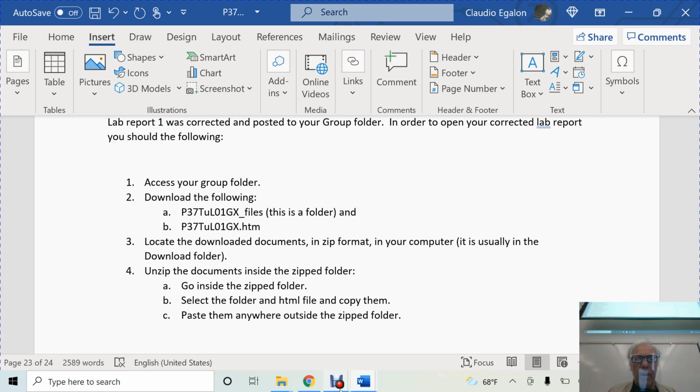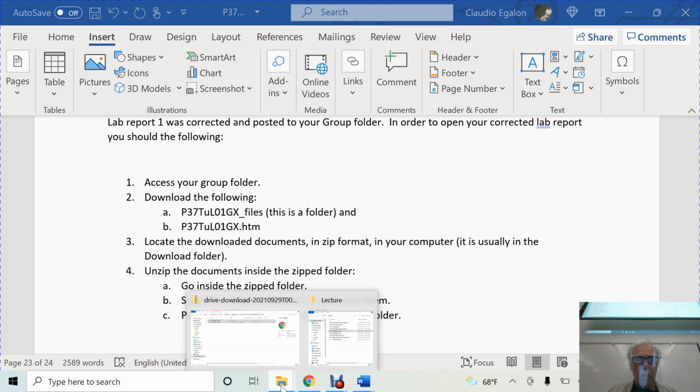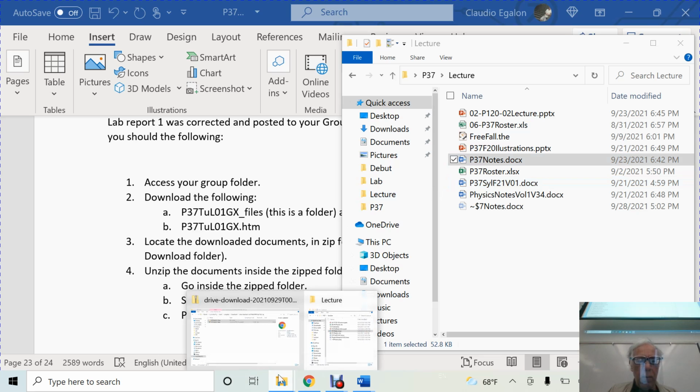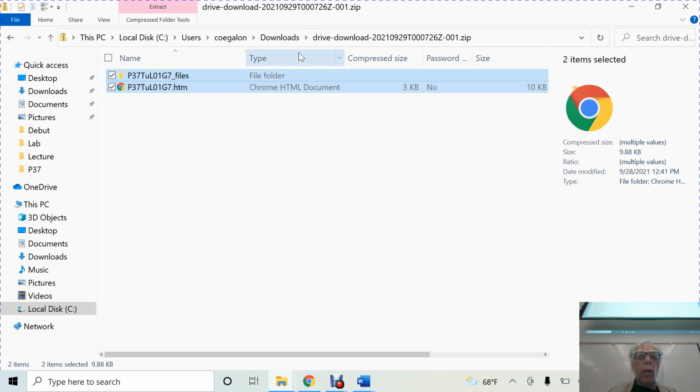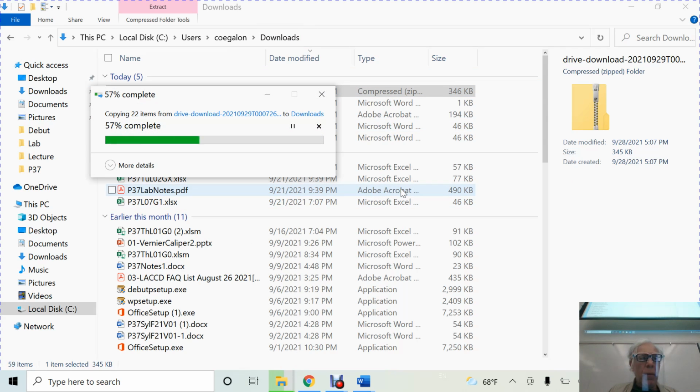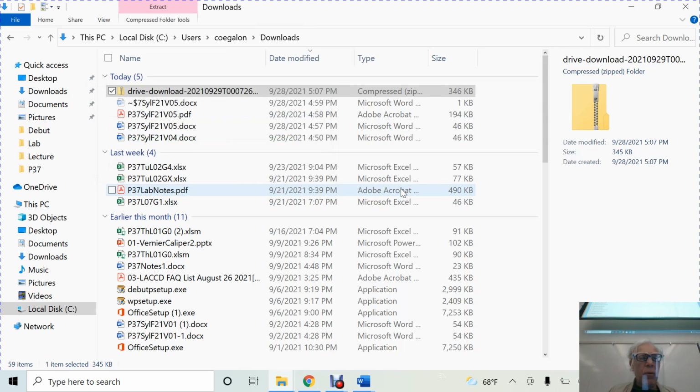So I copy them. Oh, not here. I'm gonna go outside the zipped folder, inside the download folder, and paste them. Here it goes, pasting, let's see.